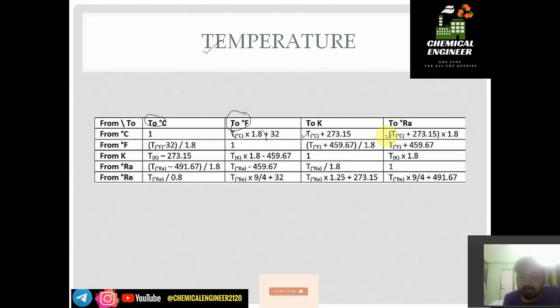You should remember this data as equations: degree Fahrenheit equals 9 by 5 degree Celsius plus 32. Similarly, Kelvin equals degree Celsius plus 273.